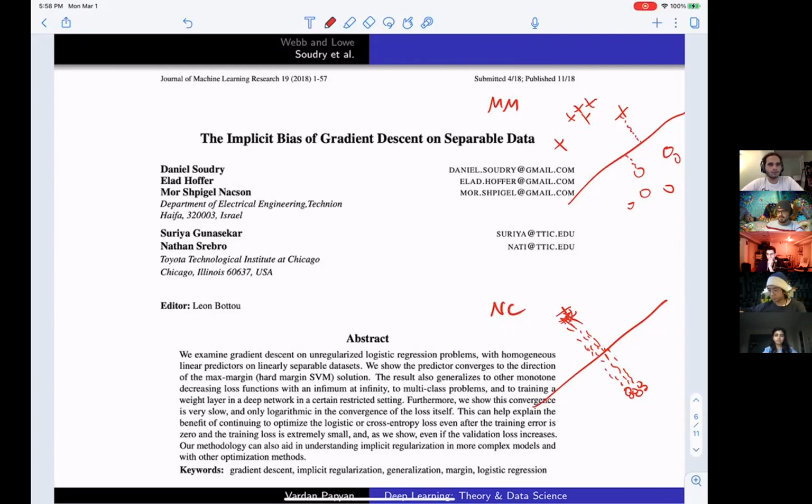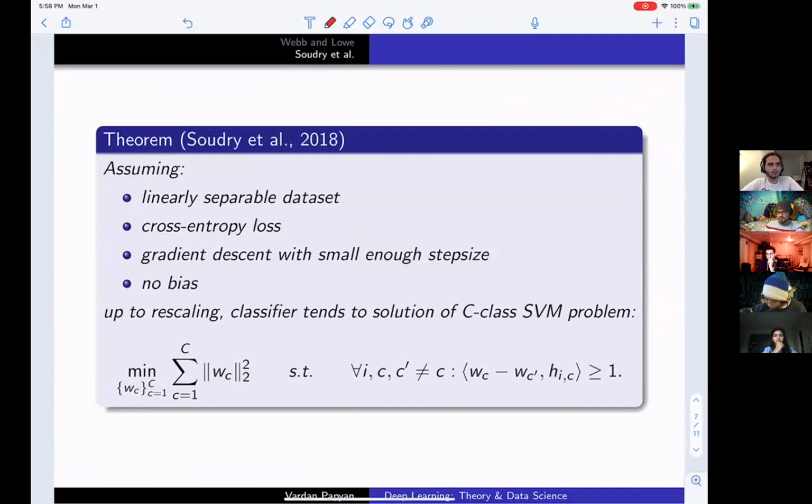Okay. Now, we actually can show that if you assume that the data is linearly separable, which is something that was assumed in the original max margin work, and if you assume that there is a cross entropy loss or exponential loss, whichever you prefer, and if you assume that you have gradient descent with small enough step size, which by now you have probably all memorized because of problem set 1, right?